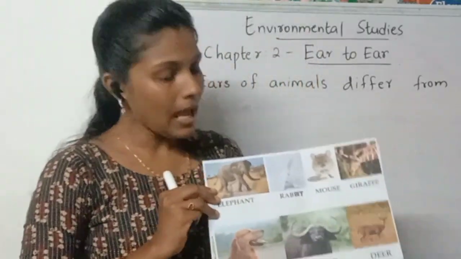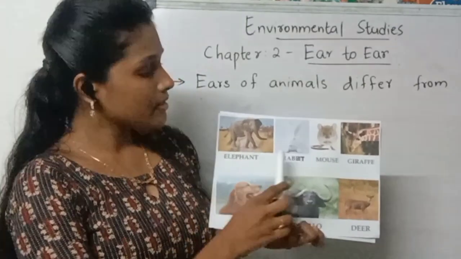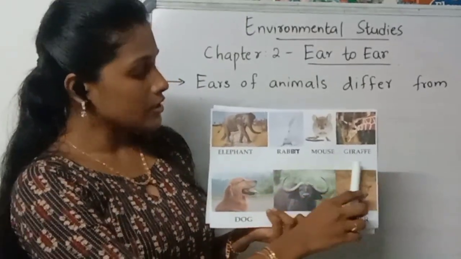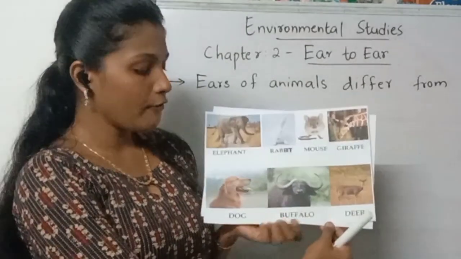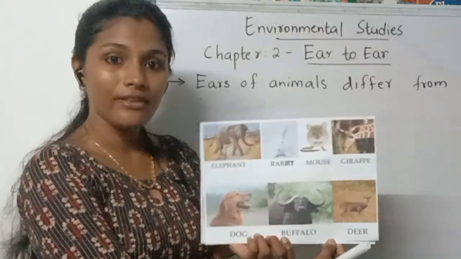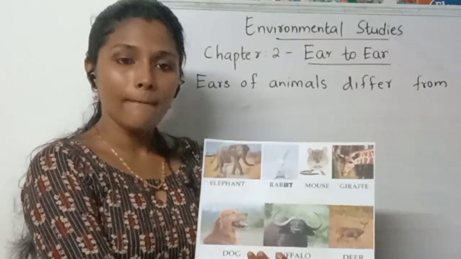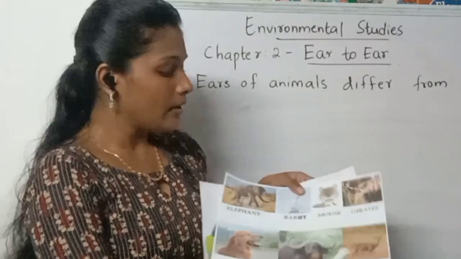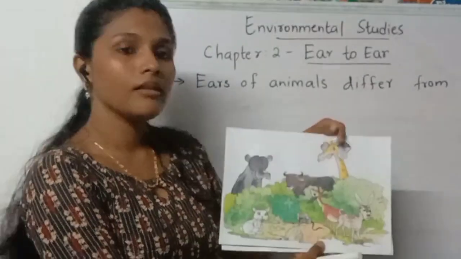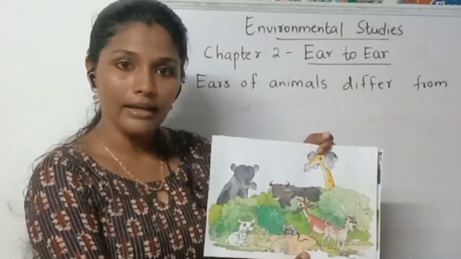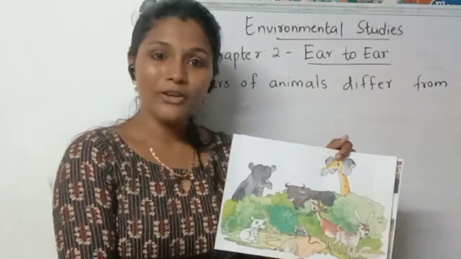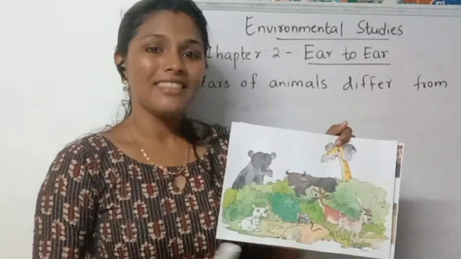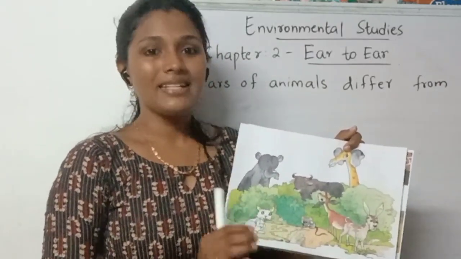So, we have seen animals: elephant, rabbit, mouse, giraffe, dog, buffalo and deer. In real life, they look like this. But the artist has done it like this. Is it correct? No. So, we are going to correct or match the ears with the right animals.